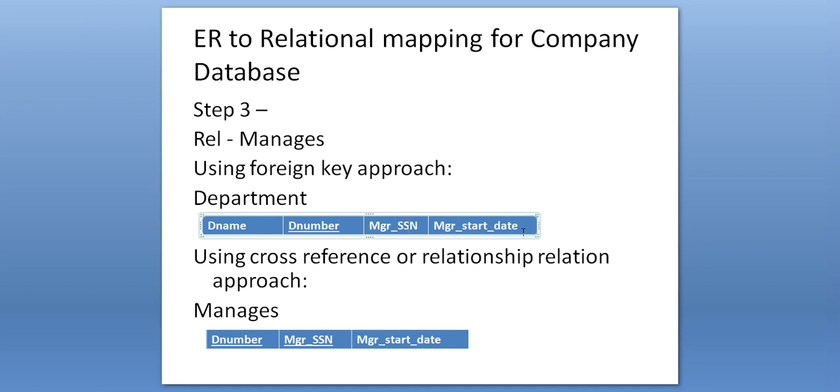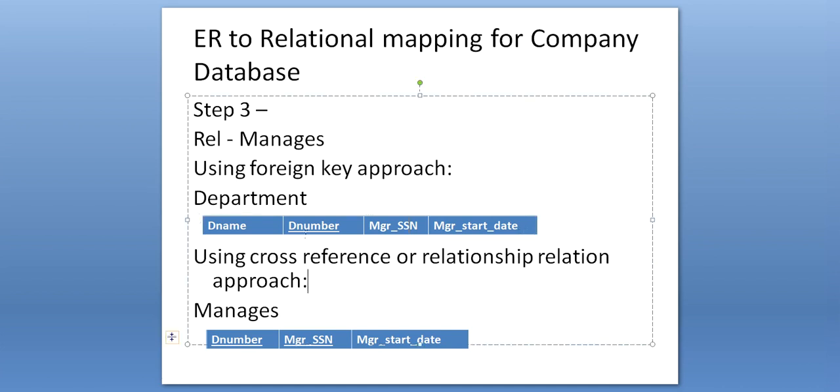If we do not use the foreign key approach, then we are not going to change the department relation. If we use the relationship relation approach, then we need not make any changes in the department or employee relation.